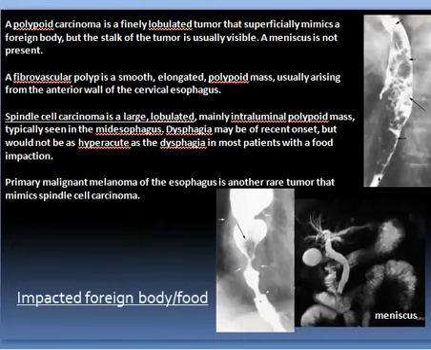Now here there are different appearances of lesions, which sometimes are seen as foreign bodies. If you see something like that, this appearance could be due to a foreign body, but could also be due to a lobulated carcinoma.